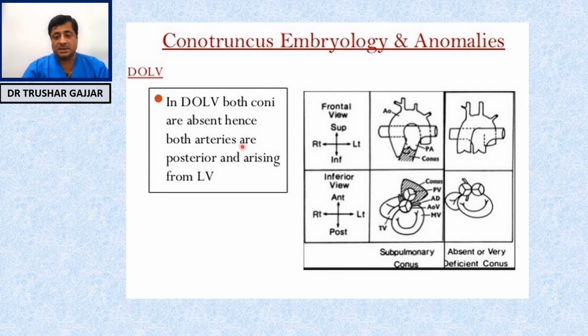Again, like double inlet left ventricle, double outlet left ventricle is rare. Regression of both coni is very rare. So we'll see double outlet left ventricle more rarely than double outlet right ventricle.